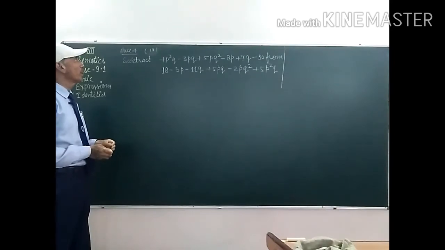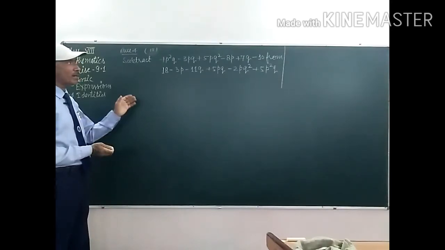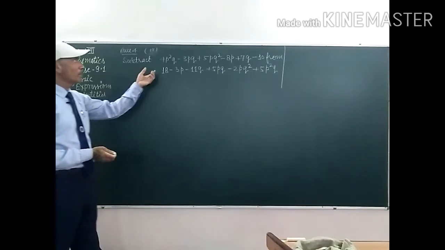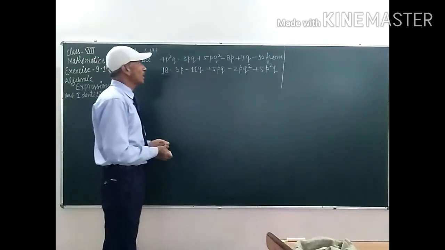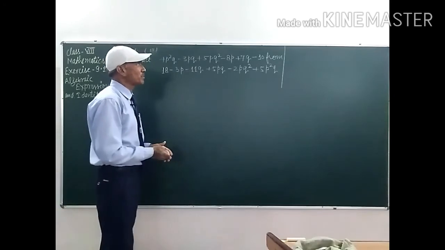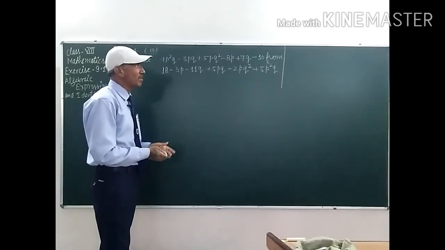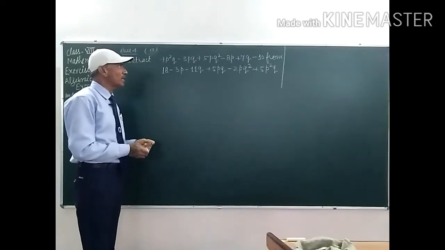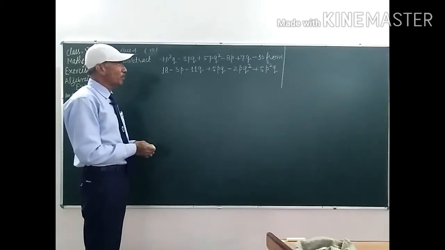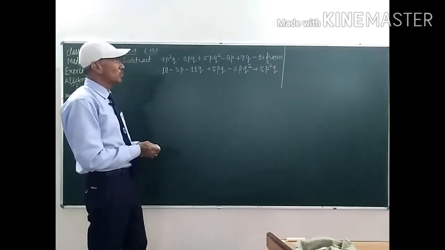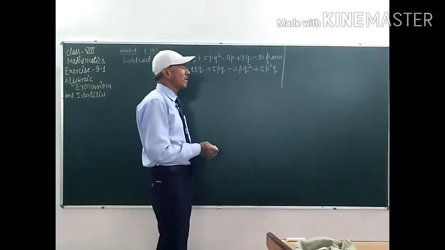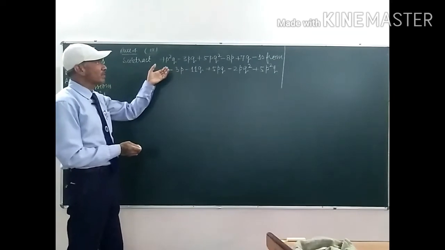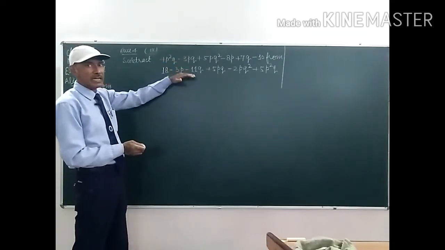Number 4 and third part of this question. Subtract p square q minus 3pq plus 5pq square minus 8p plus 7q minus 10 from 18 minus 3p minus 11q plus 5pq minus 2pq square plus 5p square q. Students, you have to subtract this first part from this second part.